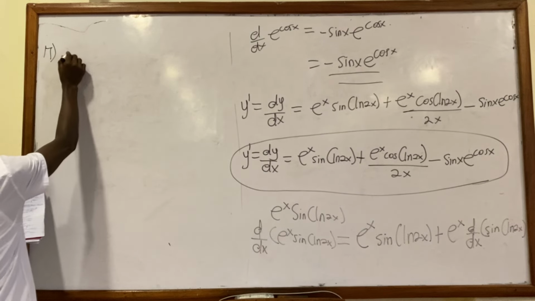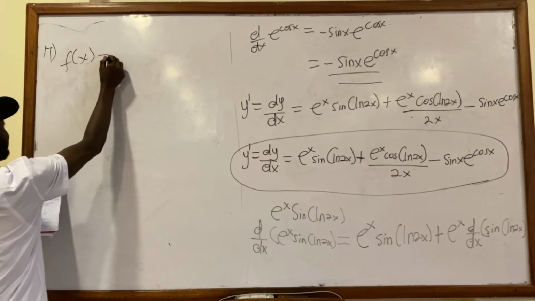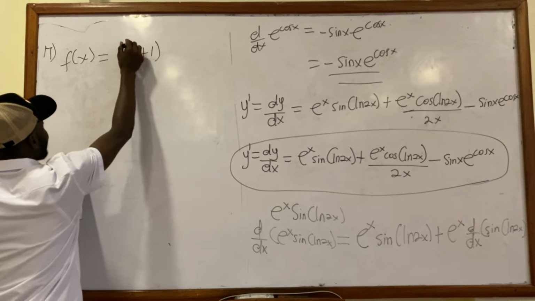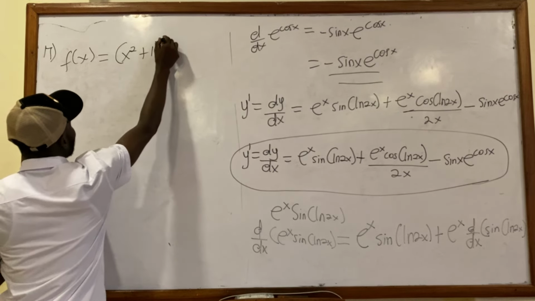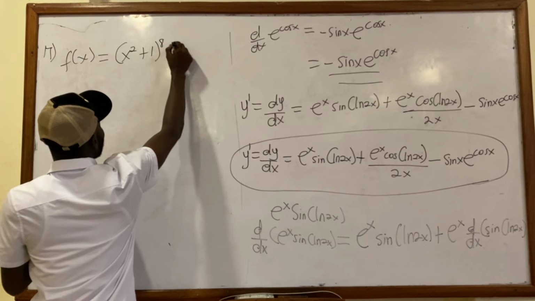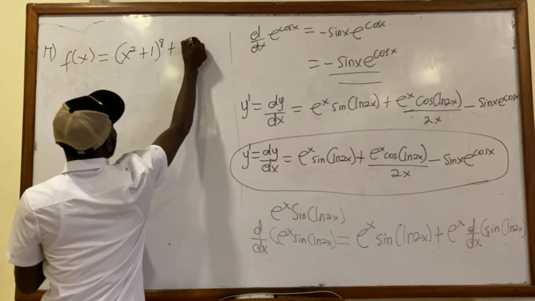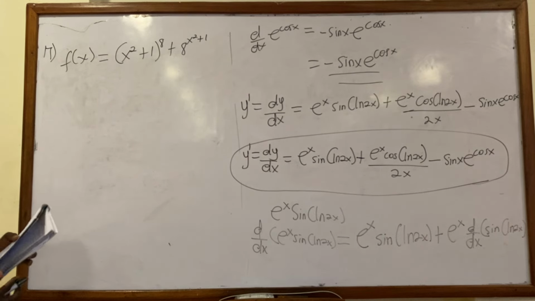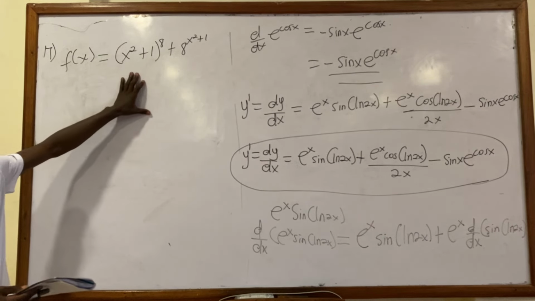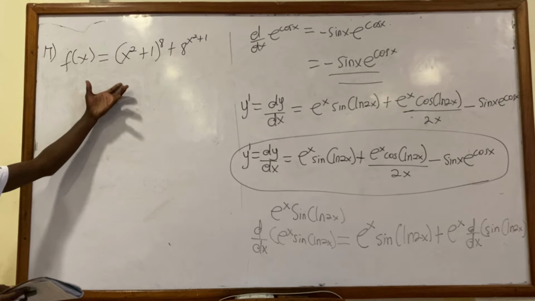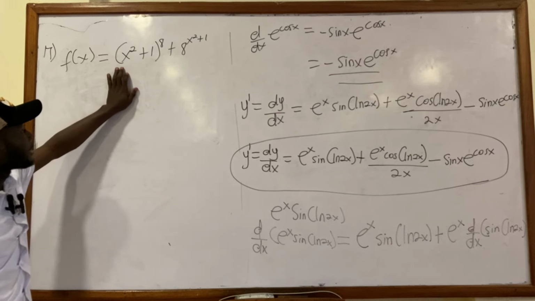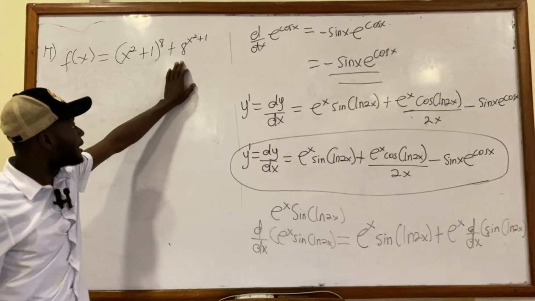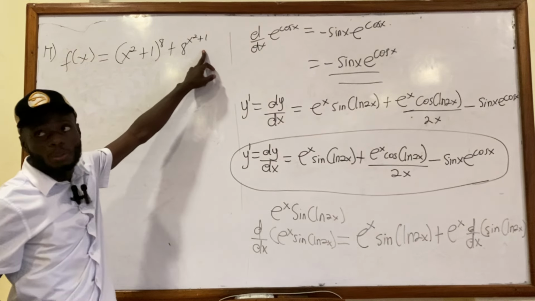We are given this particular function, f of x, equal to (x squared plus 1) to the power 8 plus 8 to the power x squared plus 1. We are to differentiate this particular function on the board.